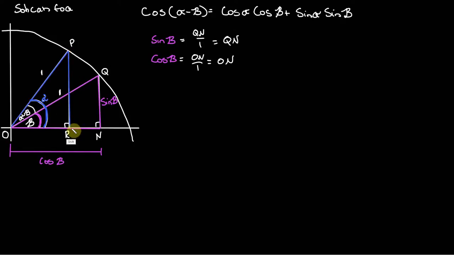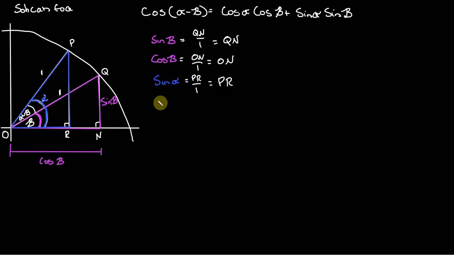It's POR for this entire angle alpha. Now, what is sine of alpha? Well, sine of alpha, quite simply, is again opposite over hypotenuse. The hypotenuse is 1, so it's equal to PR, this length here, PR over 1, which simply equals PR.